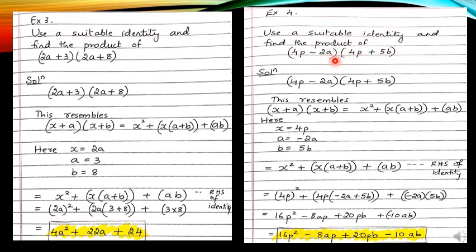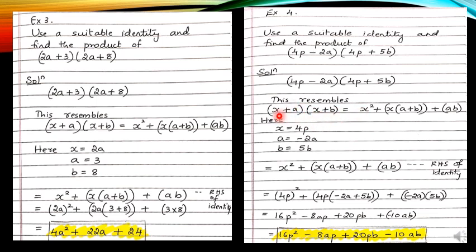Dear students, this identity, that is (x plus a) into (x plus b) is equal to x square plus x into (a plus b) plus ab, is applicable when two binomials are given and the first terms of both the binomials are the same. The second term can be different. It can have a plus sign or a minus sign. You should not be considering that. You should just check only the first term in both the binomials. If the first terms of both the binomials are the same, then you will apply this identity only.